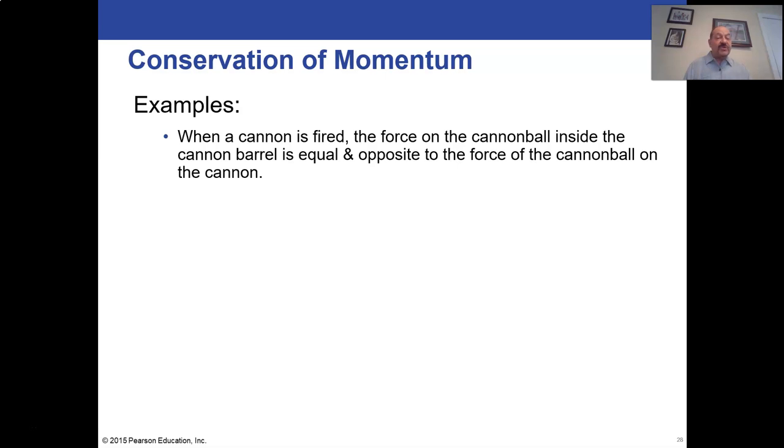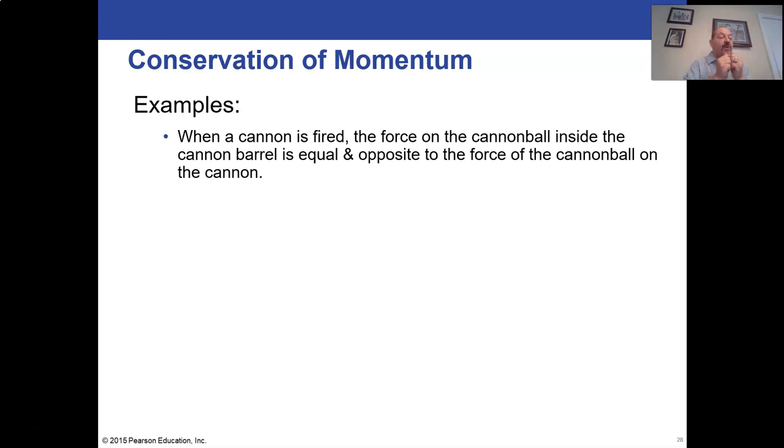So the conservation of momentum is a direct consequence of Newton's third law. Some people say Newton's third law is a direct consequence of the conservation of momentum. It depends on how you look at it, but they're really very closely related. If you have one force in one direction and one force in the other, and they're both equal and opposite forces, that means the momentum is also going to be equal and opposite.